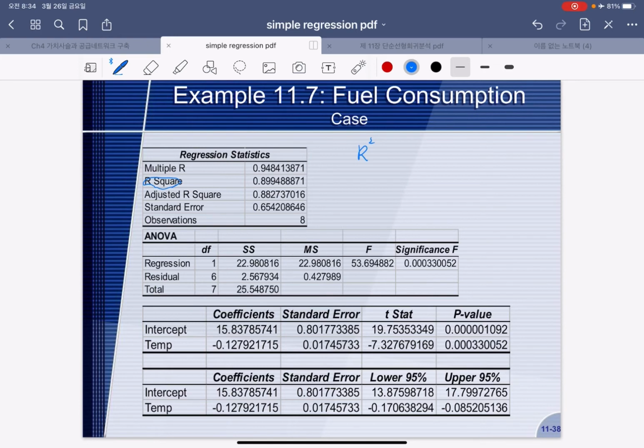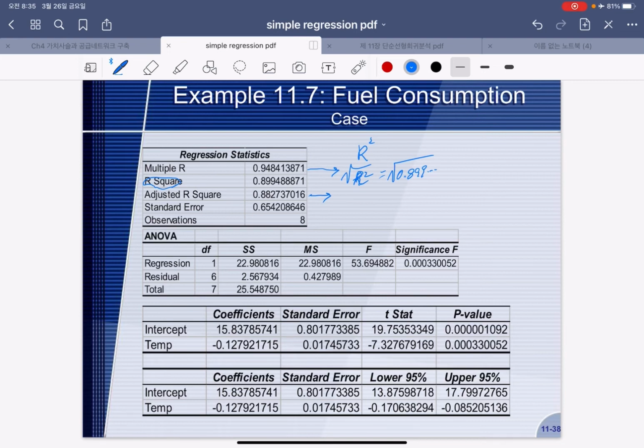And this one is simply the square root of R square, so that means 0.899 something. And this one, adjusted R square, I'll talk about when we study multiple regression. In simple regression, it's meaningless.